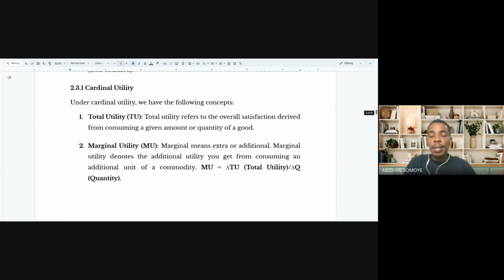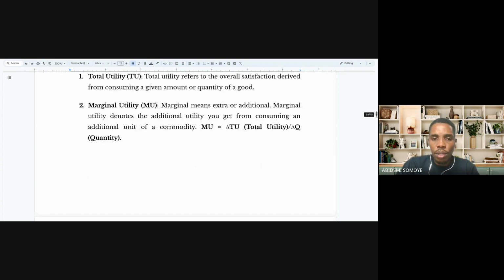So marginal utility simply means the extra satisfaction you get from that extra pair of shoes you bought. So what is the formula? The formula is changes in total utility divided by changes in quantity.